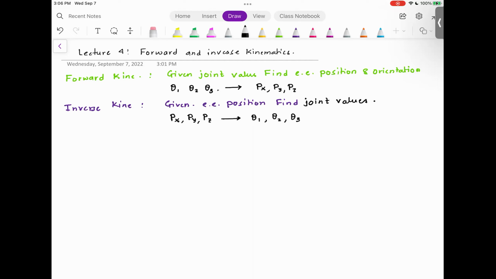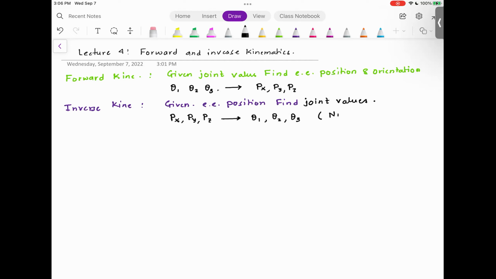Now this is an interesting problem because for a given value of Px, Py, and Pz, you may have no solution, you may have multiple solutions, or you could have just a single solution.